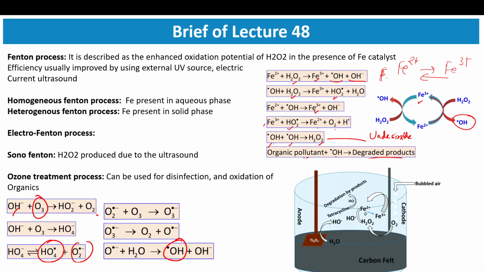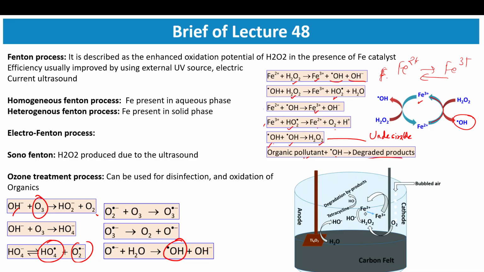So it immediately turns into ferric hydroxides, because Fe3+ is soluble only in a very narrow range of pH.